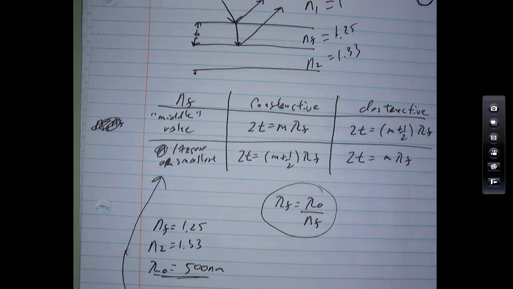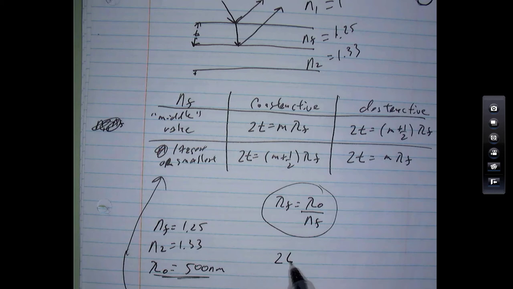It's constructive interference. So for this problem, 2t, t is the thickness, and they say the minimum thickness, so that means the minimum thickness would be m equal to 1 times the wavelength in the film. So we've got 2t, and the wavelength in the film is the wavelength outside the film divided by the index of refraction of the film.